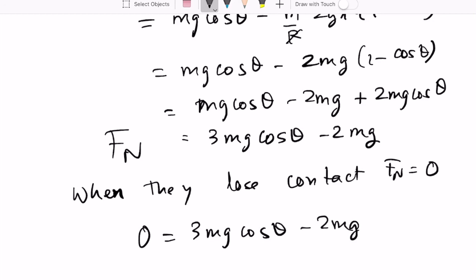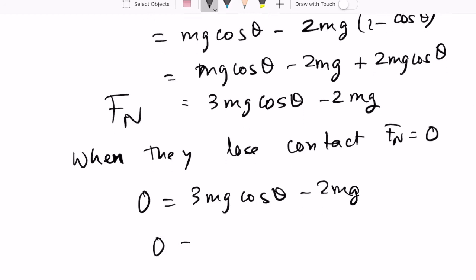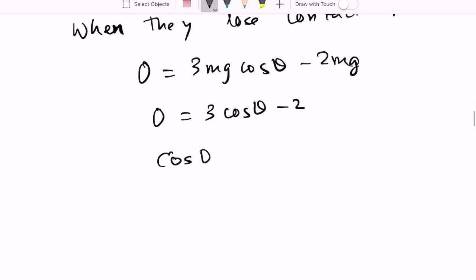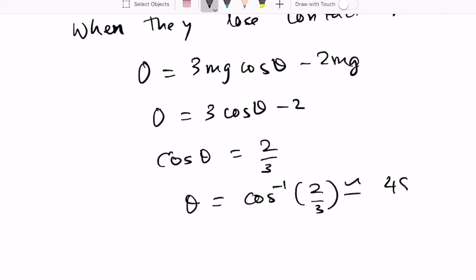You can divide both sides by mg, and so you get 0 is equal to 3 cosine theta minus 2. So cosine theta is equal to 2/3, which means theta is equal to cosine inverse of 2/3, which is approximately 48 degrees if you plug that into a calculator. And so 48 degrees is the angle at which the person loses contact.